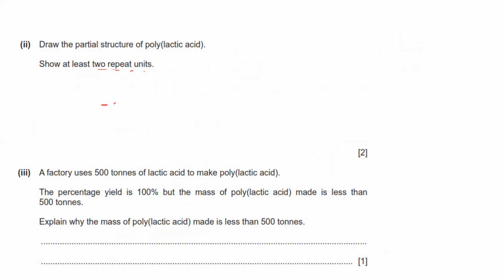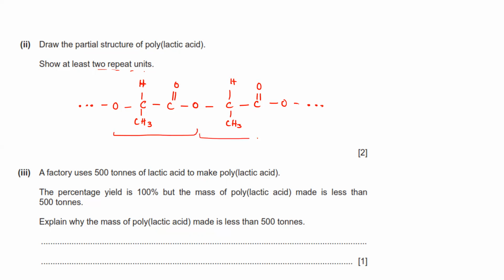So let's draw it: O, C, H, CH3, C double bond O, dash O, and then we repeat it again: O dash C, CH3, H, COO dash O dash. So two repeatable structures. This is one, this is two.